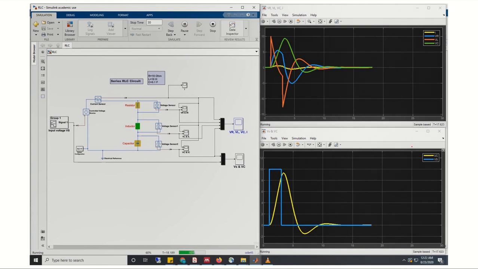The plot at the bottom is the input output plot, where the output is considered as the capacitor voltage. However, there are so many other states: the internal current I, the voltage across the resistor, the voltage across the inductor, the voltage across the capacitor. All these are changing with time, but from the transfer function point of view, we are only studying the input output behavior.